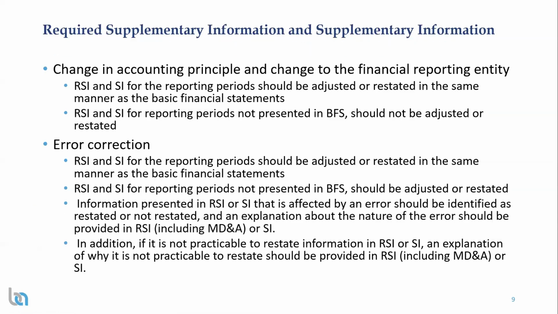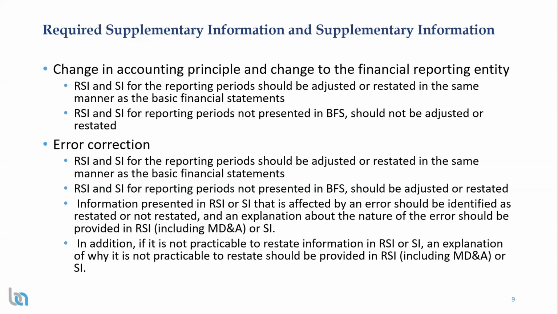So for error correction, what we're basically saying is that because it's an error, you actually have to go back and adjust everything. If you have 10 years of statistical data, you need to go back and adjust all 10 years. You need to also label them as corrected or restated. If you cannot restate them, you need to say why you cannot restate them.